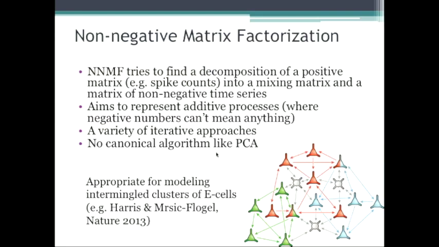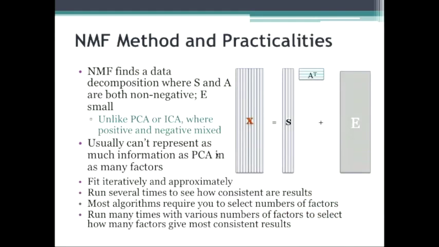So you want to decompose these into all positive coefficients, and that's what non-negative matrix factorization does. Instead of finding the S and the A whose product most closely equals X, we pick an S and an A which are both positive, whose product closely approximates X.